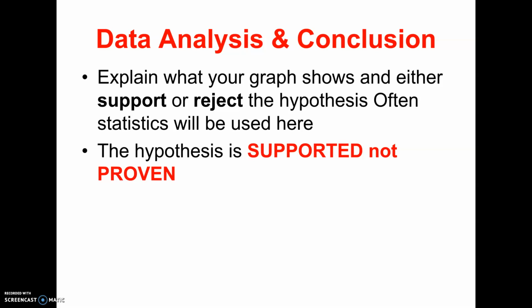Is it enough of a benefit that it outweighs maybe the drawbacks of using the drug? How do you make that cutoff? And so we're going to talk next week about the math, the statistics, where you can really draw a line and say, yes, this definitely is supported, or no, we reject the hypothesis because this data is not enough of an improvement to say that we support it.